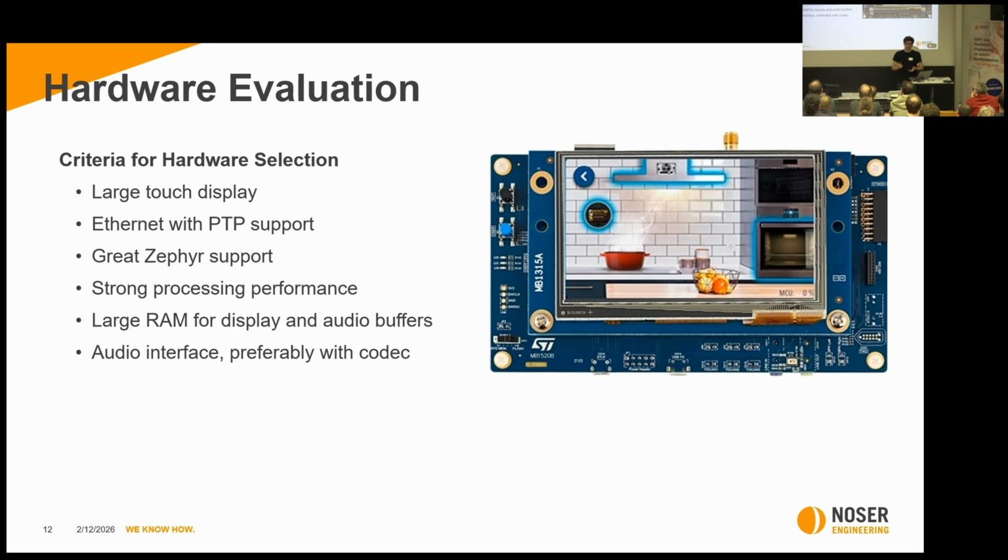A strong processor because it's fun. A large memory mainly for display buffer. Audio buffers are not that big a topic actually, because with the low latency, we work with very small buffers. And we require an audio interface whose clock we can fine-tune to the PTP source, and preferably the analog-to-digital and digital-to-analog converter would be nice if it's already included on the board.